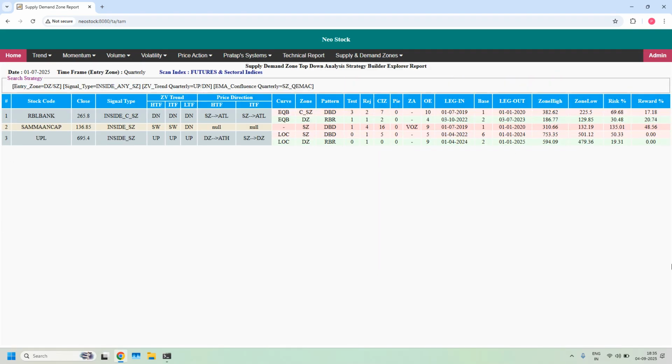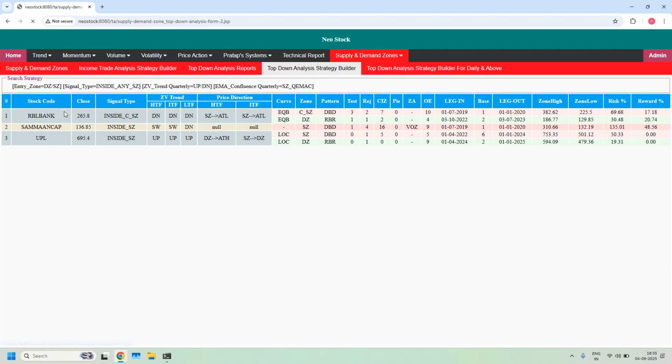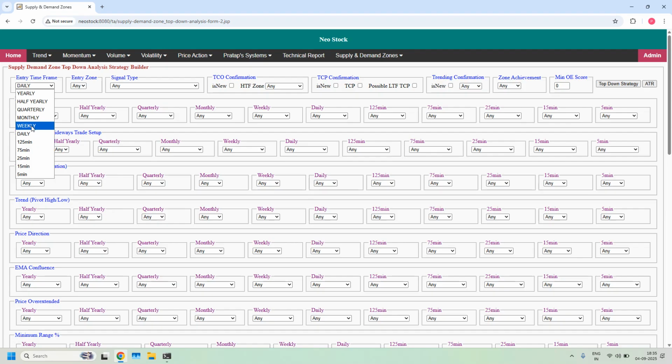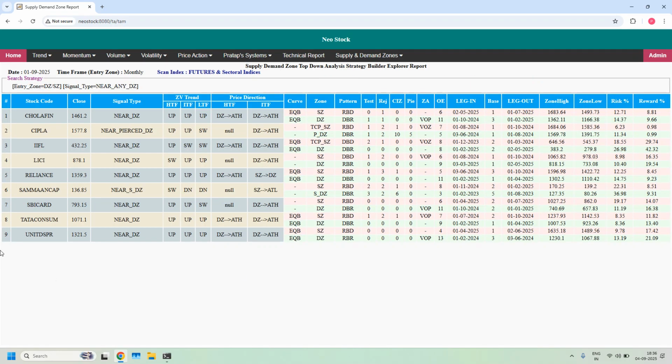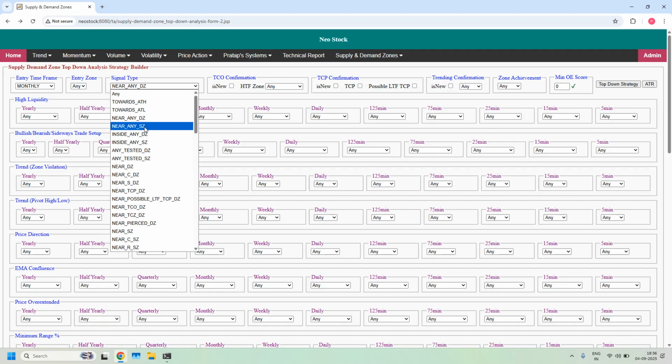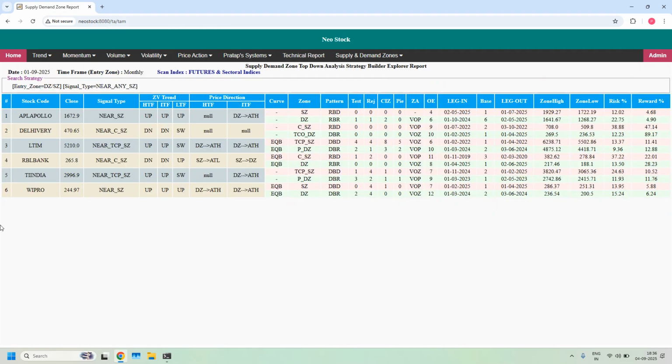We got 3 stocks. Next time frame is monthly. Stocks near the monthly demand zone, we got 9 stocks. Next, stocks near the monthly supply zone, we got 6 stocks.